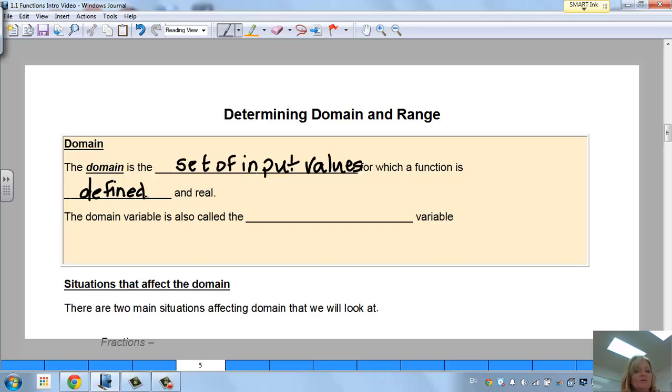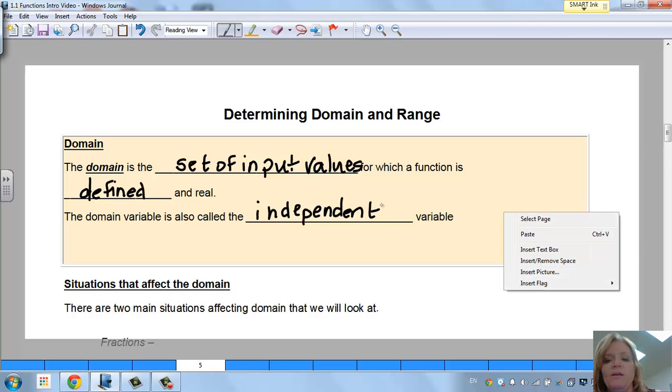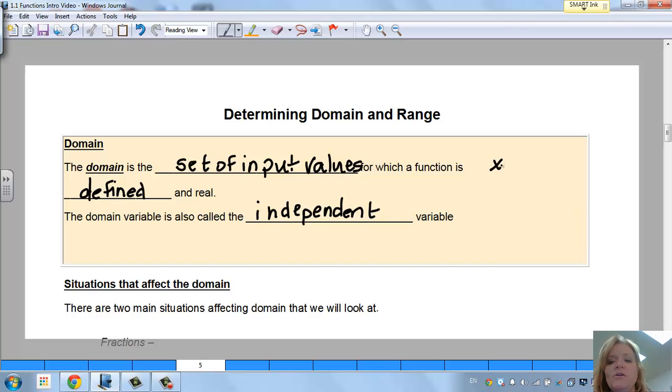The domain variable is also called the independent variable. Now you guys know that we've been talking about this a little bit, and the independent, or the domain, excuse me, is usually your x value.